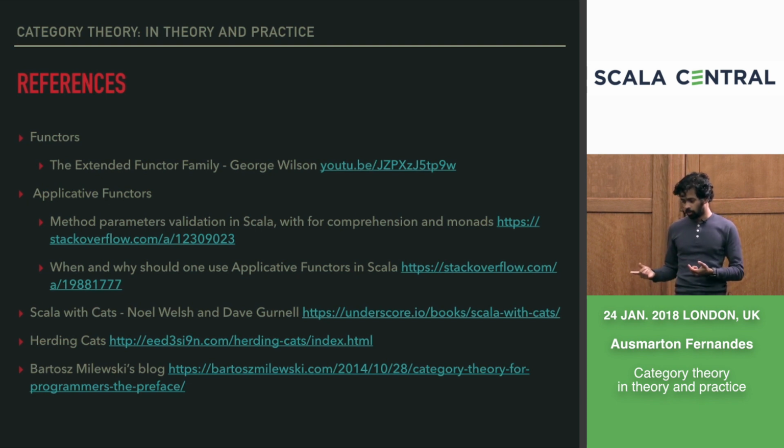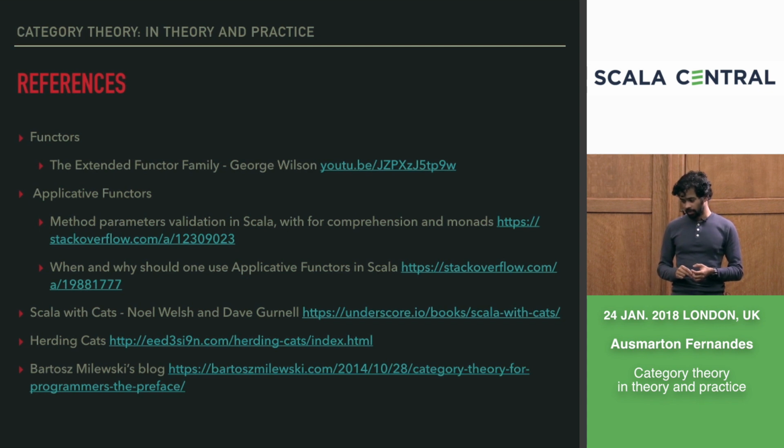There's a book on Cats by Noel Welsh and Dave Gurnell, which is also a very good introduction to Cats. They do cover some of the theory, but there are other references for the theory side of it. At least as far as Cats is concerned, Scala with Cats and Herding Cats are two good resources.